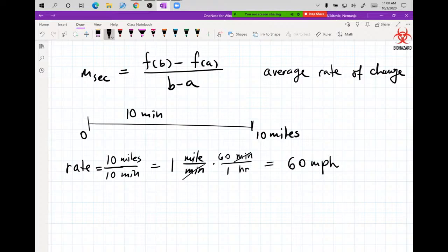So if you live on a highway and you get in a car and push the gas pedal till you get 60, you put the cruise control, you will be in New York in 10 minutes, driving 60 miles per hour.